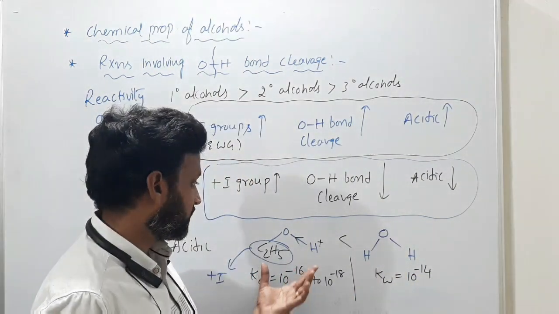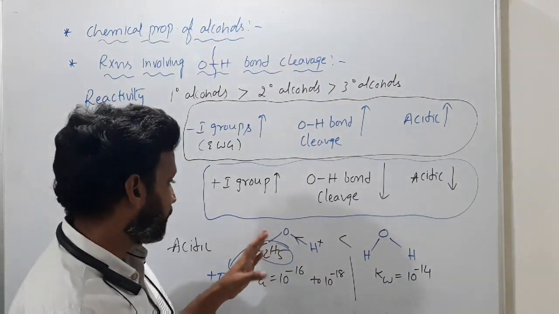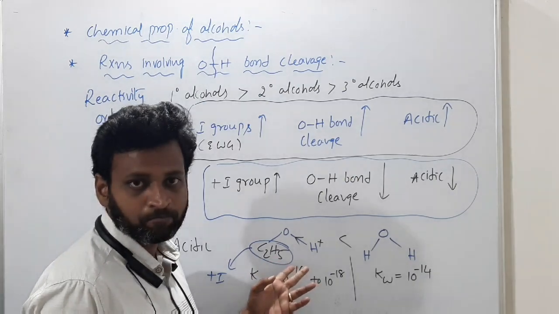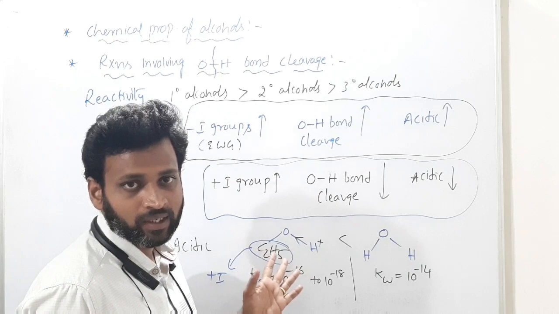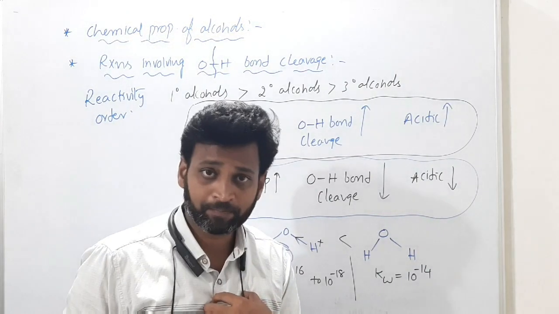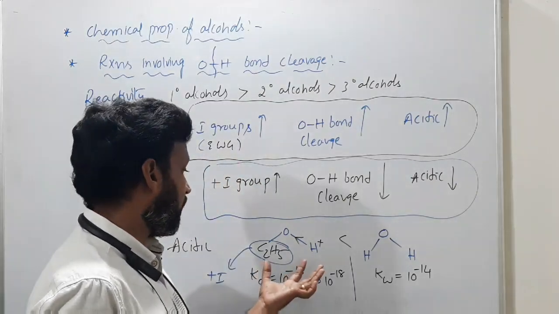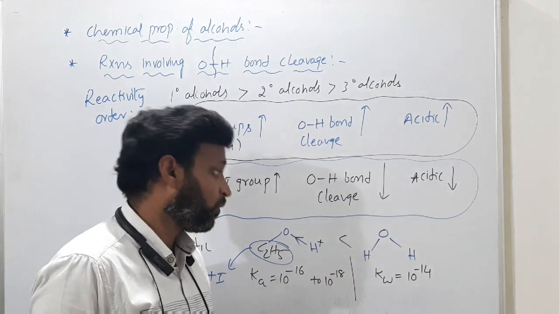Less acidic, it is good for health, don't think. Some side effects will definitely be there due to alcohol. It is highly dangerous, I am saying. So alcohol is less acidic but highly dangerous than water.